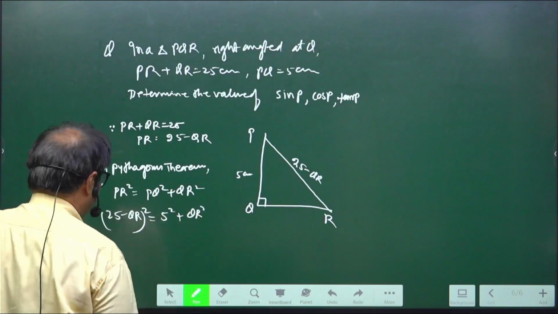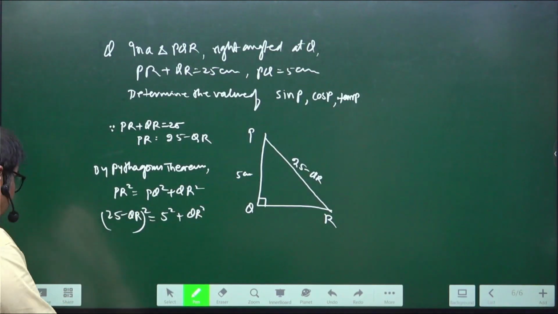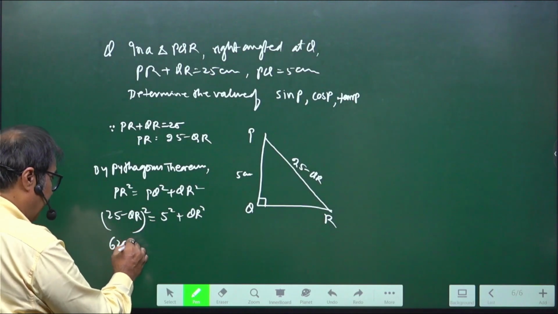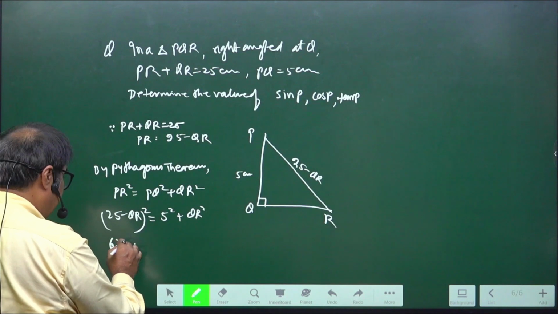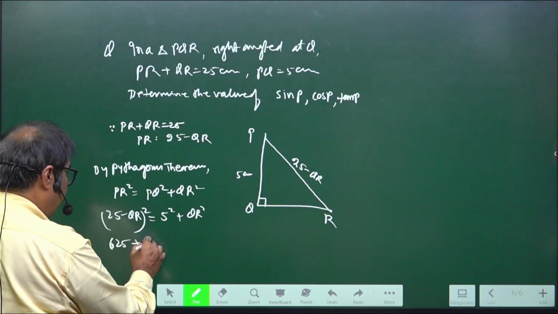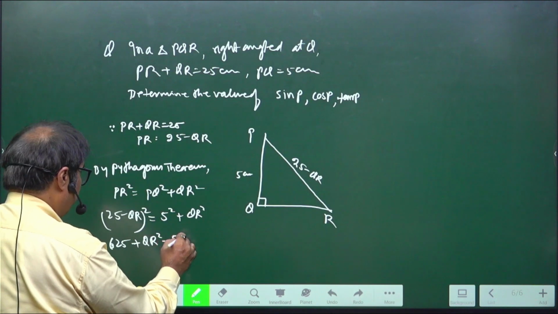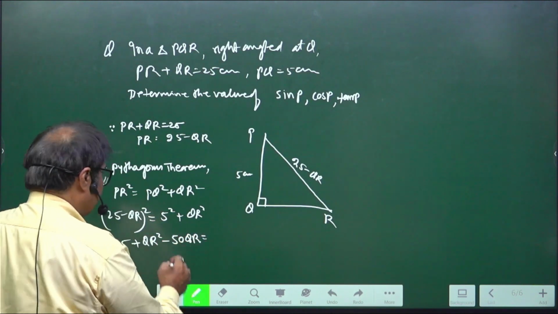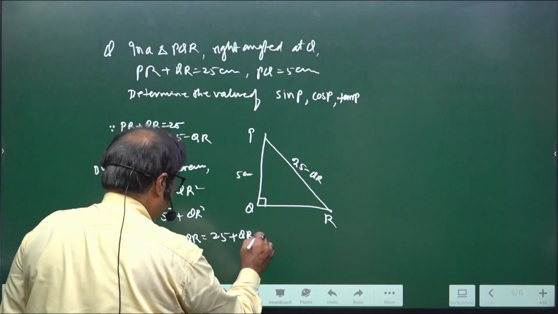Apply the identity of A minus B whole square: A square means 625, plus B square and minus 2AB. So minus 2 into 25, this is 50 into QR, is equal to 25 plus QR square.